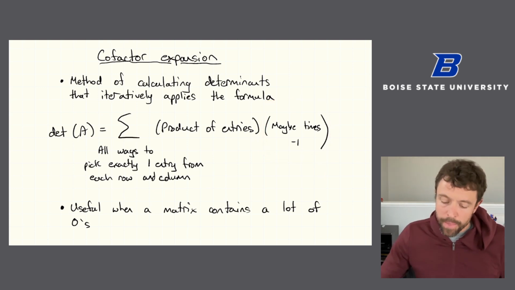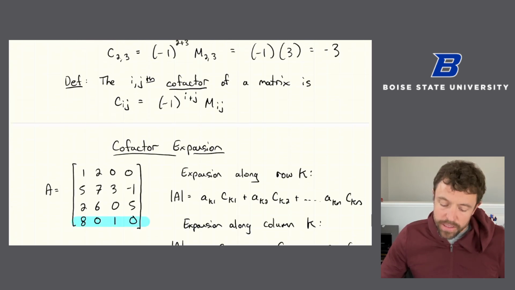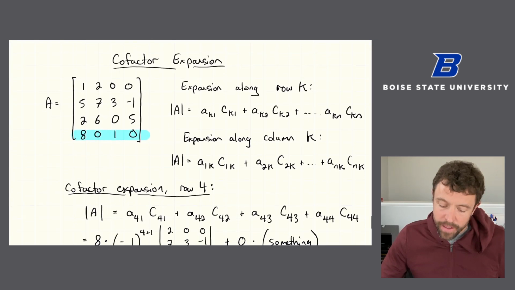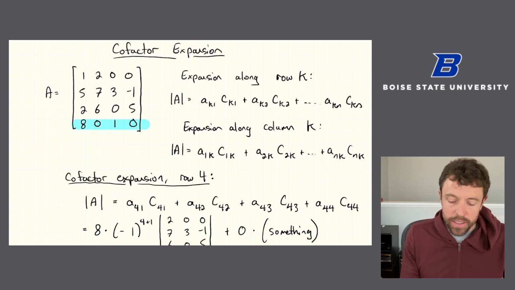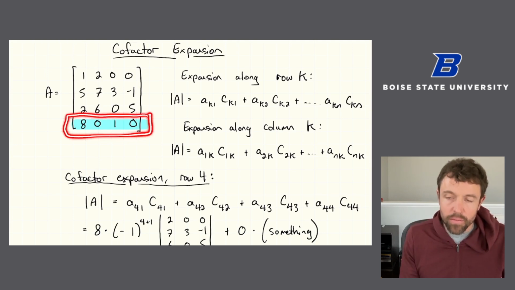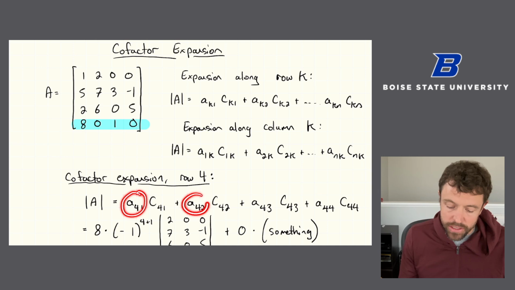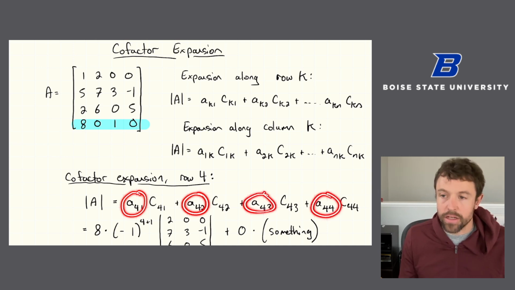What the cofactor expansion formula is doing, here we're saying, look, let's just start by, if we have to pick one entry from each row and column, figuring out which entry we're picking from row 4. Right? I could either pick 8 or 0 or 1 or this other 0.